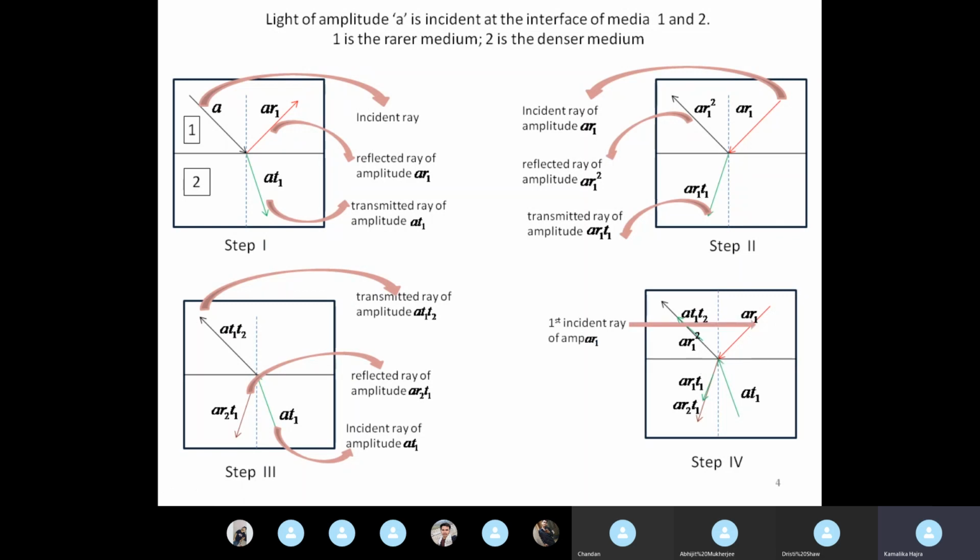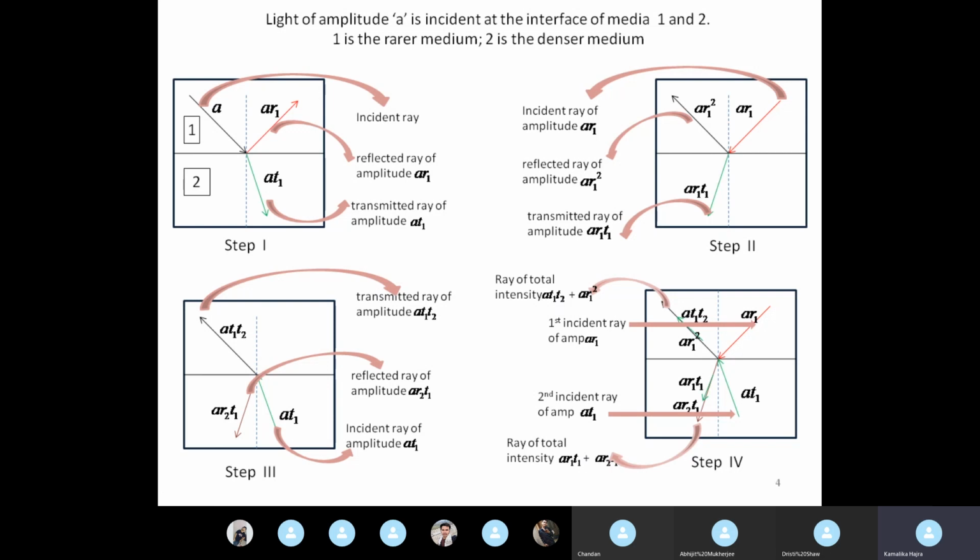So we have a first incident ray of amplitude AR1, a second incident ray of amplitude AT1, and they produce one ray of total intensity AT1 T2 plus AR1 squared and another ray of total intensity AR1 T1 and AR2 T1. Clear to everybody?